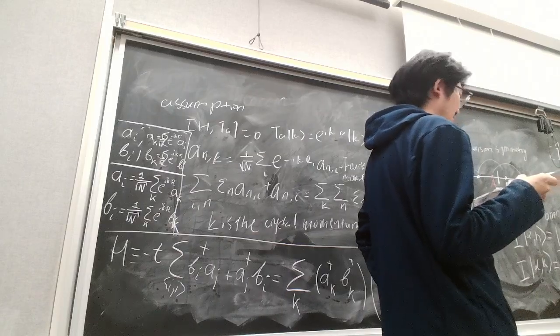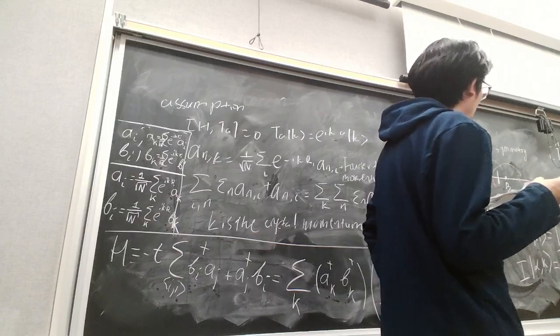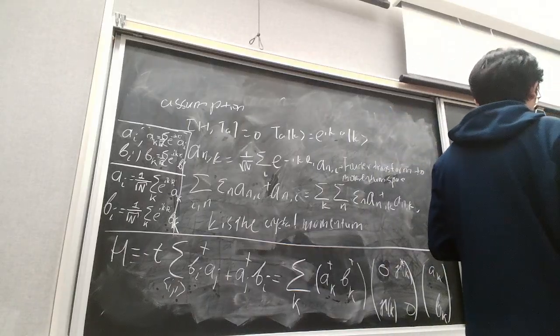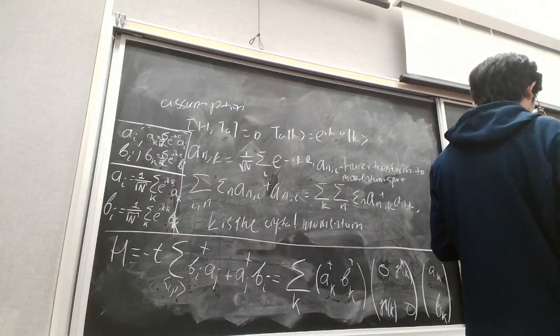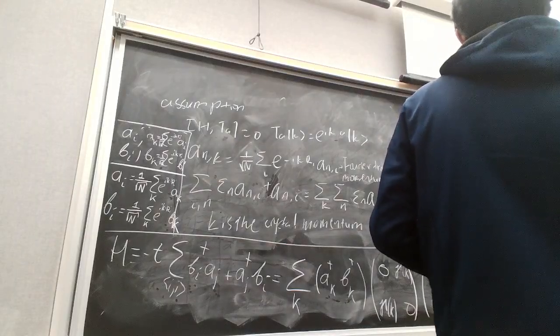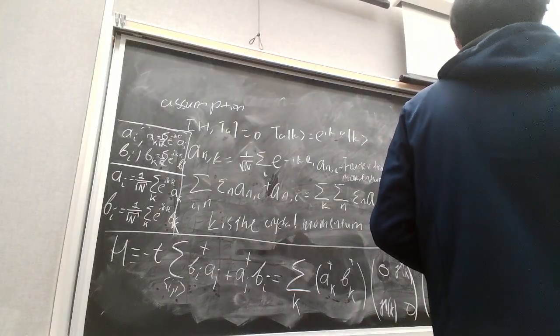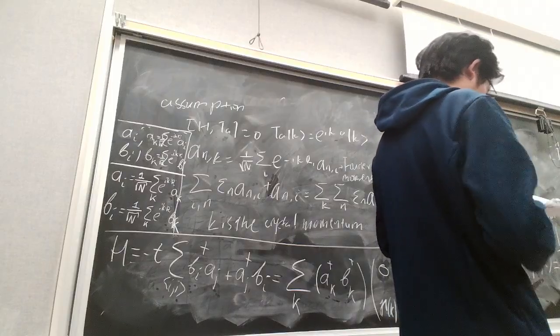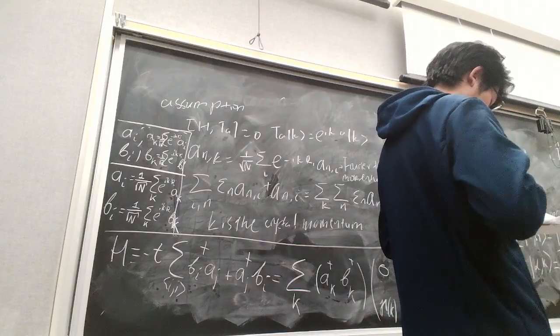I sum over n, and do e to the ik dot what? R, but what's the r? The position. This n is used to refer to 1, 2, like the position of the atoms. So it would be ik dot r sub n.